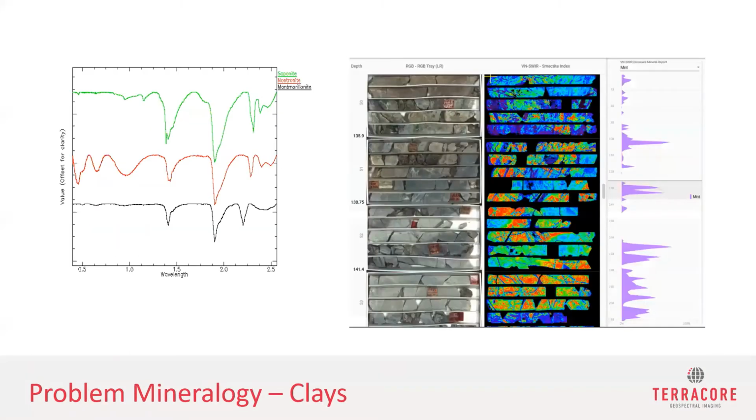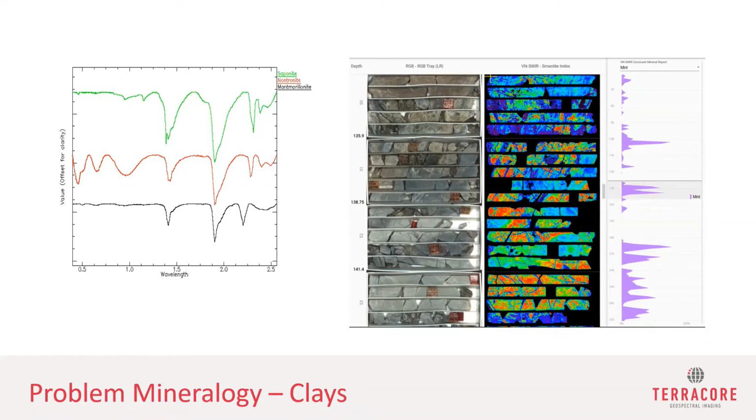The first one being mapping of clays, and in this particular instance, smectite clay in particular can be an issue in the crushing circuit because it can end up coating things and it really can reduce crushing performance. So we've had a lot of requests from people to please just map the clays, but not all of the smectite clays are equally guilty.